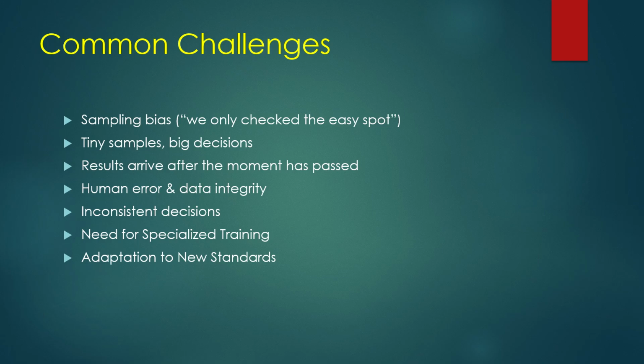Other major challenges include human errors, data integrity issues, and inconsistent decision making, which can affect product quality, process reliability, and GMP compliance. Most important challenges during in-process checks include the need for specialized training to ensure accurate monitoring and the adaptation to new standards to maintain compliance with updated regulatory requirements.